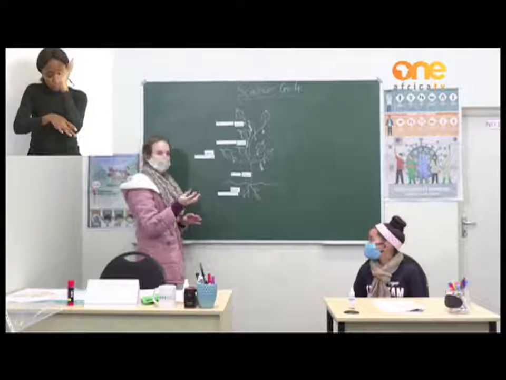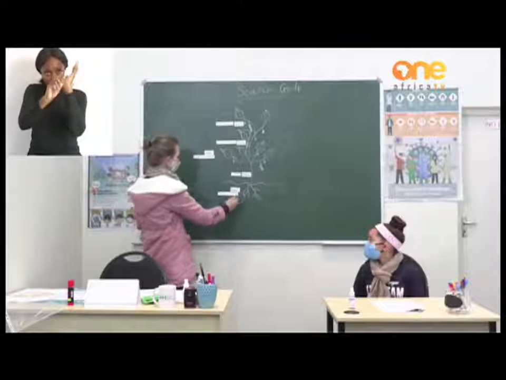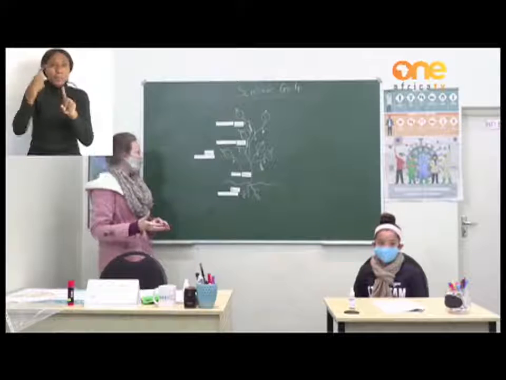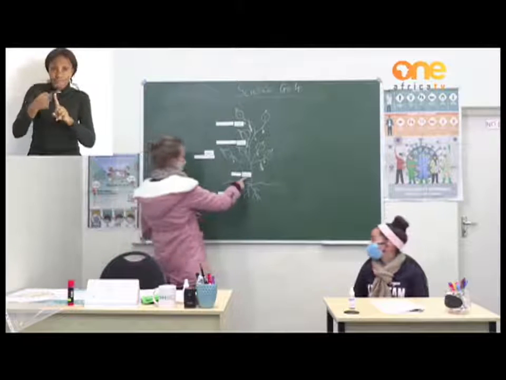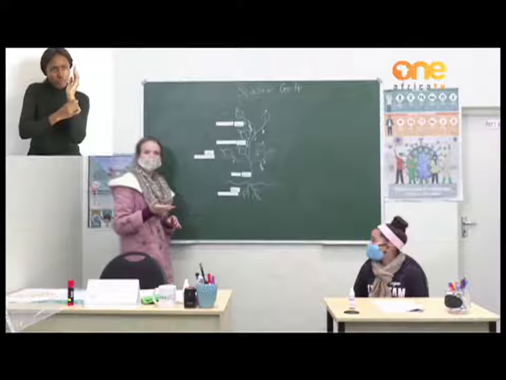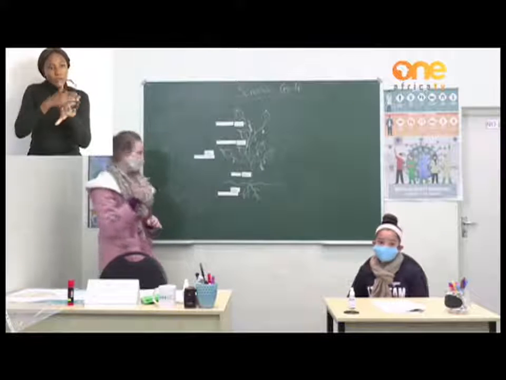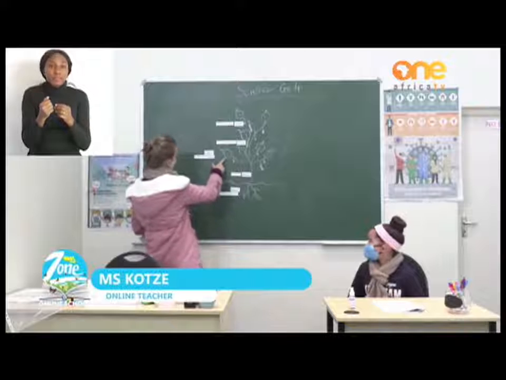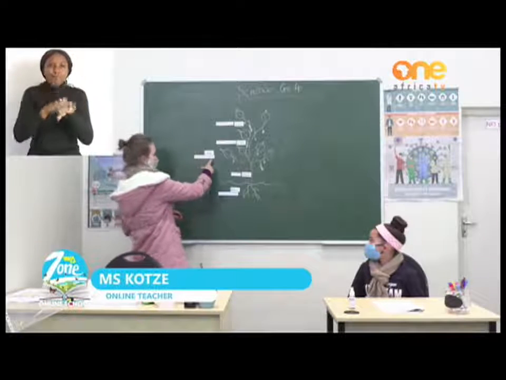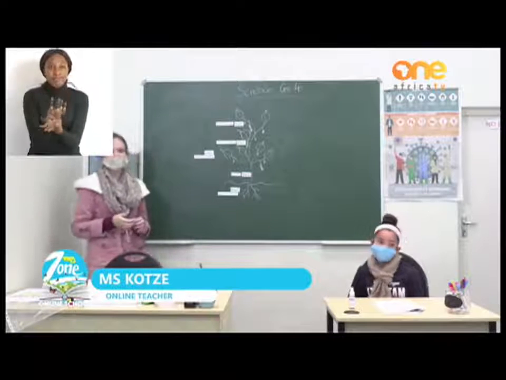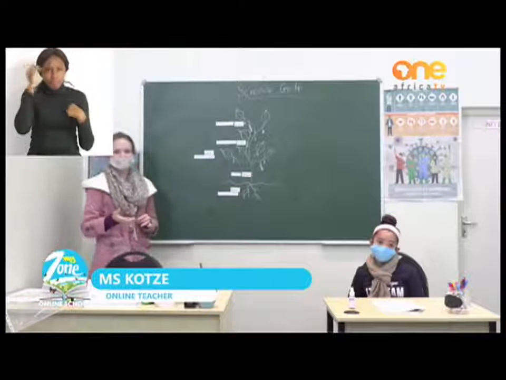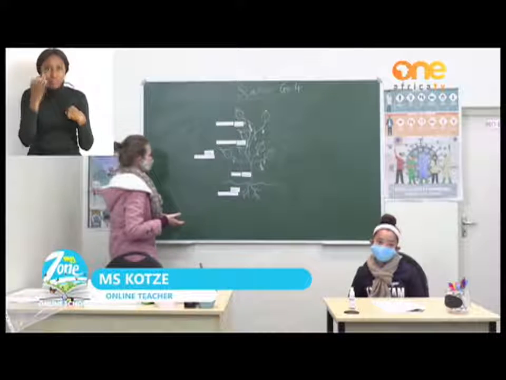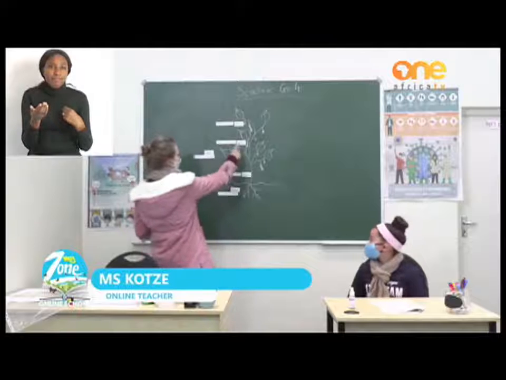So types of food that we get from the root part of a plant is carrots and beetroot. Okay, let's move on to the stem. Onions is an example of the stem parts of a plant that we can eat. Let's look at the leaves, spinach and lettuce. So I think that is a very common example and something that all of you guys will know, spinach and lettuce. Let's move on to the fruits.